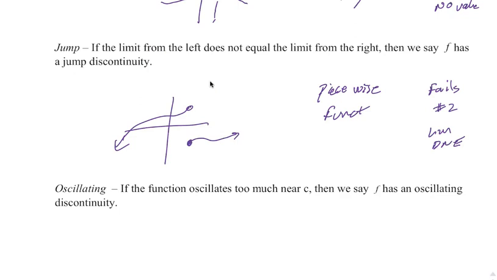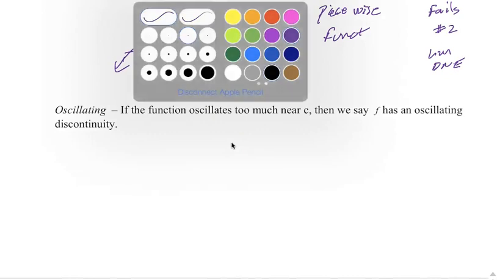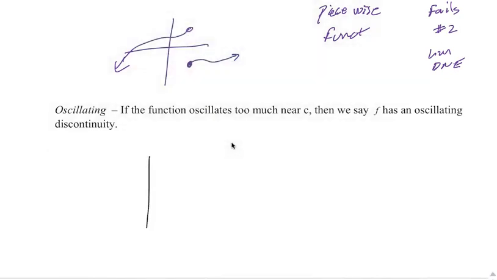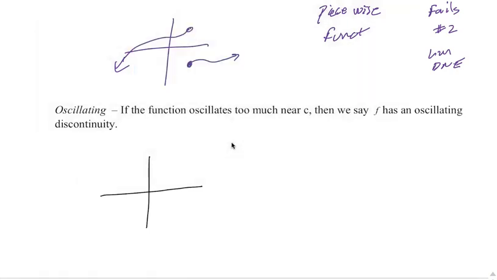And then there's what we call an oscillating discontinuity. So let me get this graph correct. I try to draw a straight line. Sometimes it works, sometimes it doesn't. An oscillating discontinuity looks kind of like this. You start oscillating, so the graph starts getting kind of wild. On this one, if I pick a point like, let's say, 3, it's hard to tell at 3 what's going on. Is it 1?